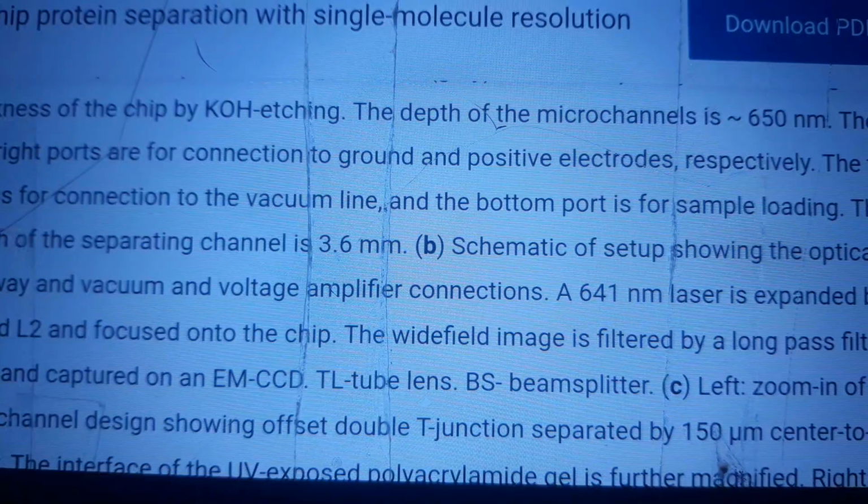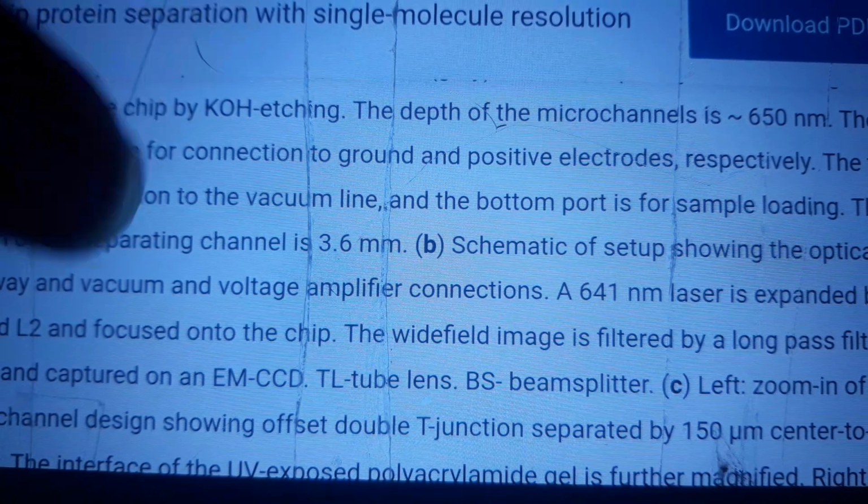The depth of the microchannel is 650 nanometers. The left and right ports are for connection to ground and positive electrodes, respectively. The top port is for connection to the vacuum line, and the bottom port is for sample loading. The length of the separating channel is 3.6 mm.